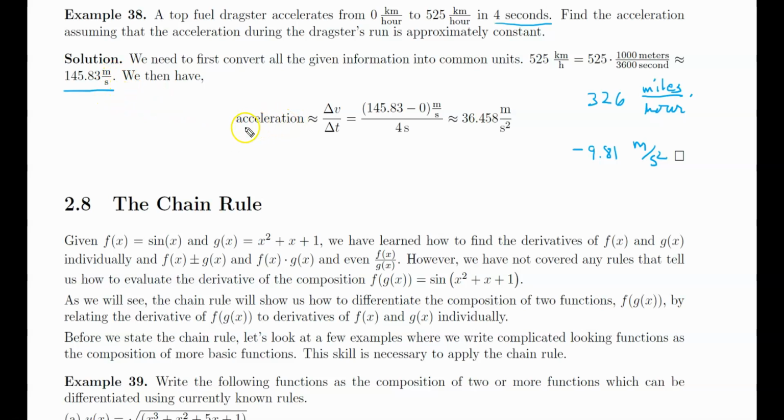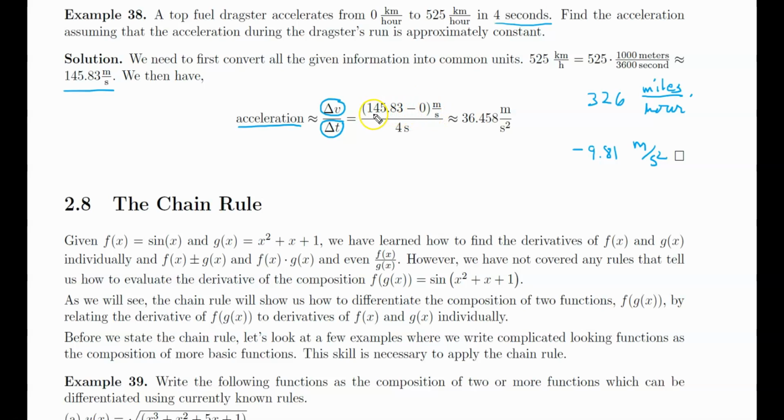Okay, so acceleration, recall, your average acceleration is your change in velocity over your change in time. Now our change in velocity: the dragster starts out at 0 meters per second. 0 kilometers per hour is the same as 0 meters per second.